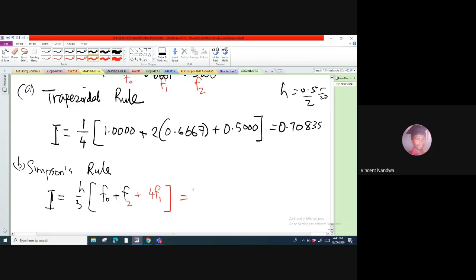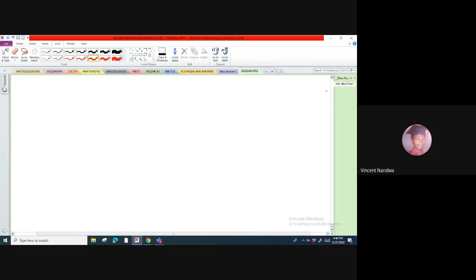You can label these as f naught, f1, f2. So this will be 1 over 6 into 1.0000 plus 0.5000 plus 4 into 0.6667. When you work it out, the answer will be 0.6945.